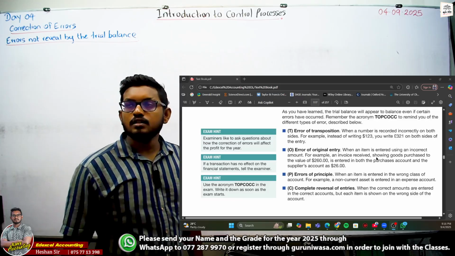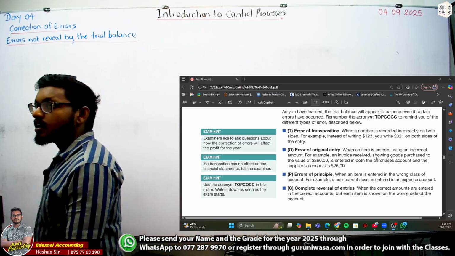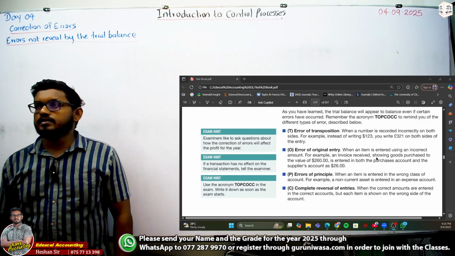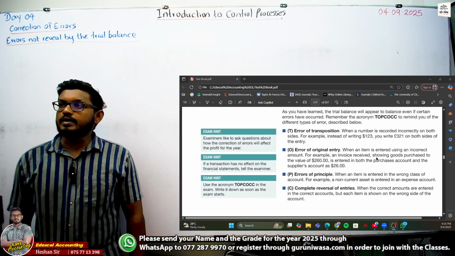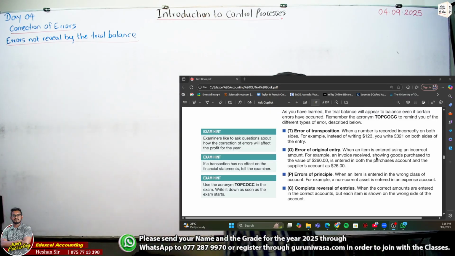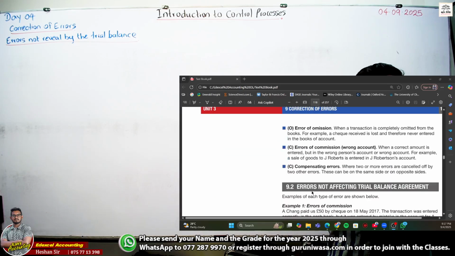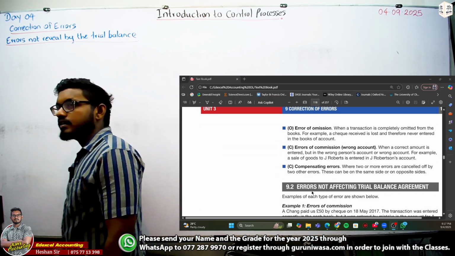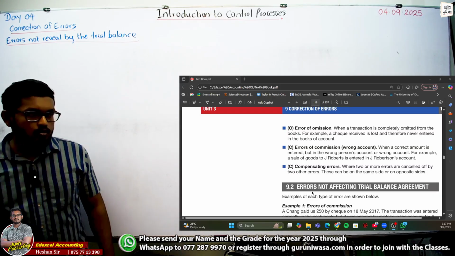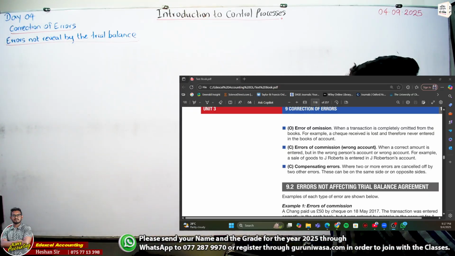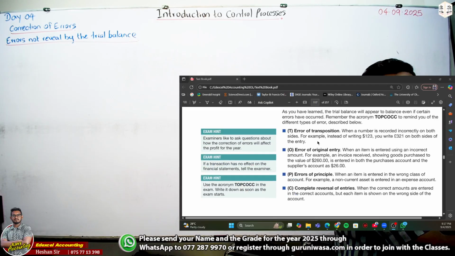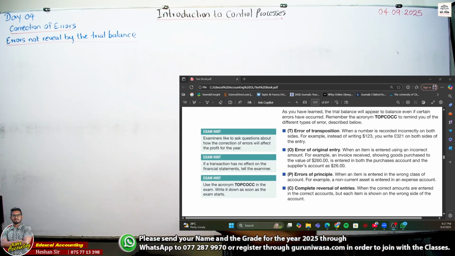Errors of transposition, errors of original entry, errors of principle, complete reversal of errors, errors of omission, errors of commission, compensating errors. Errors not revealed by the trial balance means the trial balance agrees, but there are errors.